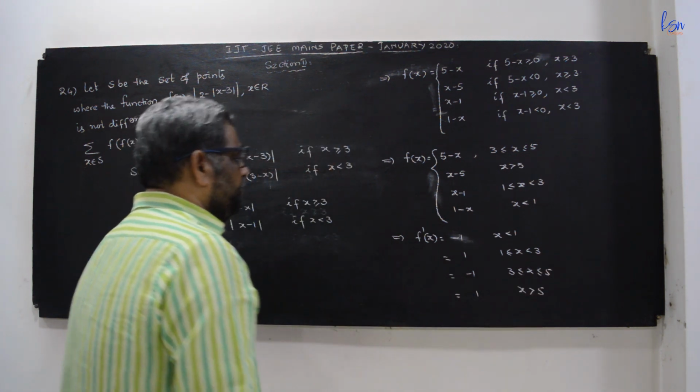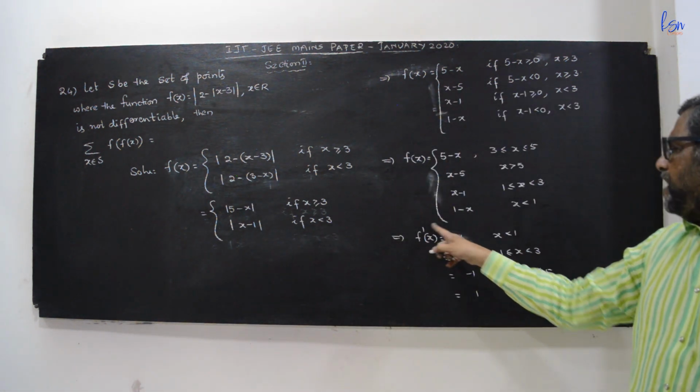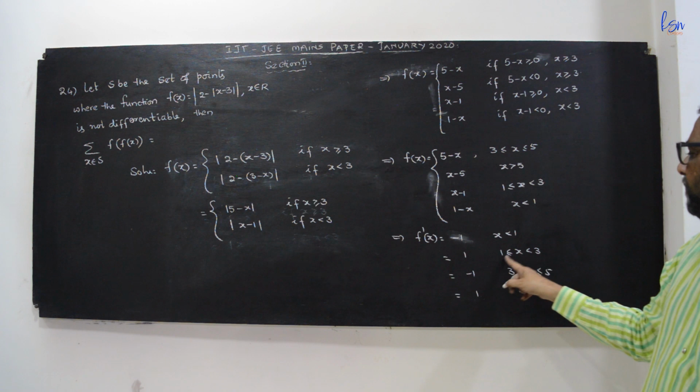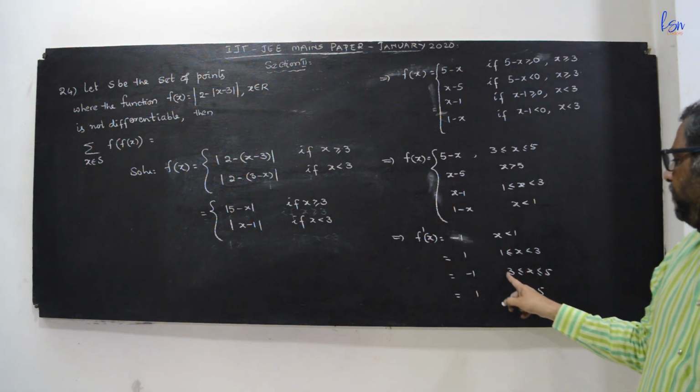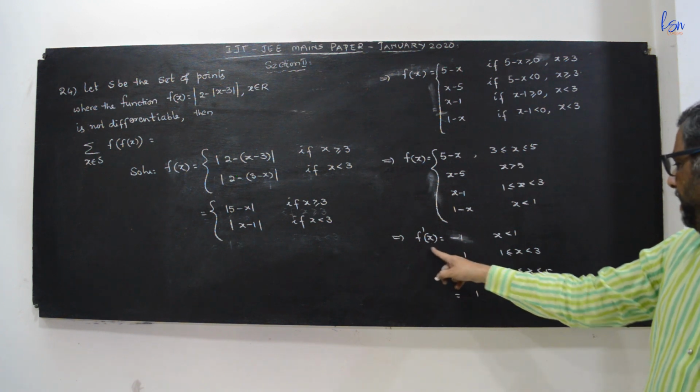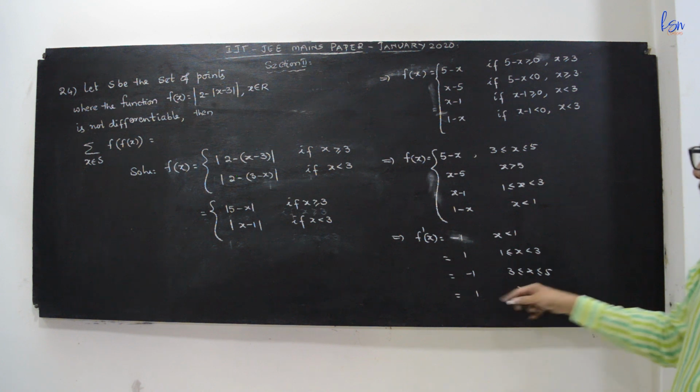Now here if you observe, f dash 1 minus is minus 1, f dash 1 plus is 1, f dash 3 minus is 1, f dash 3 plus is minus 1, f dash 5 minus is minus 1, f dash 5 plus is 1.